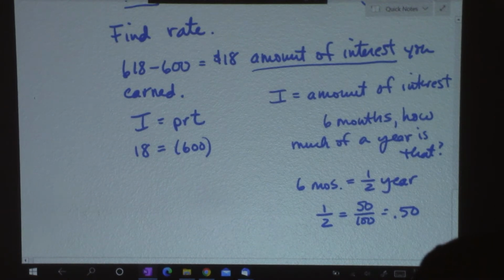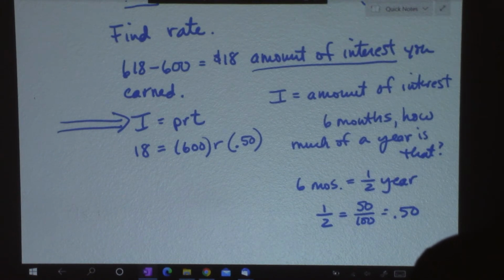So I need to put my decimal in. So I'm going to have my rate, which I don't know and am trying to solve for, times 0.5. Now I want to solve for R. I want to get R by itself. So every time I start with my equation and I put in all of the numbers that I have, and then I try to solve for the thing I don't know, which is the rate in this case.